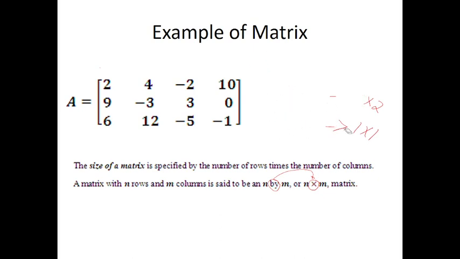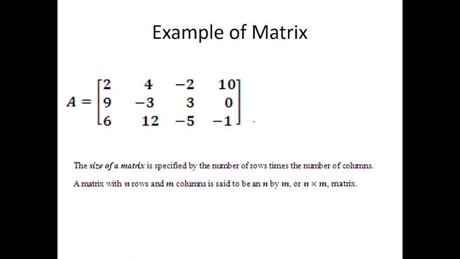So, in that case, we can now describe the size of this matrix in this example. Using this concept, what will be the size of this matrix I have shown? It has how many rows? 3 rows and 4 columns.